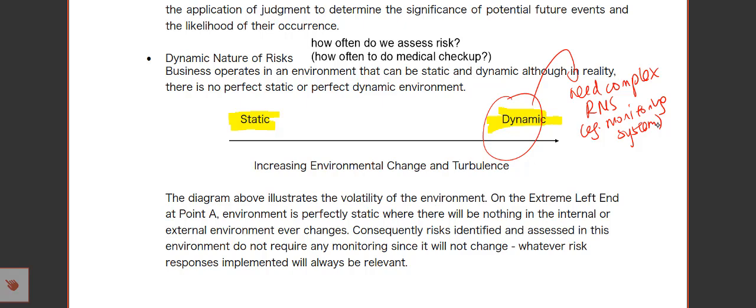You know, they do that kind of continuous monitoring that even the slightest change will set off the alarm. Now, that's because your condition is so dynamic that it can deteriorate so fast.